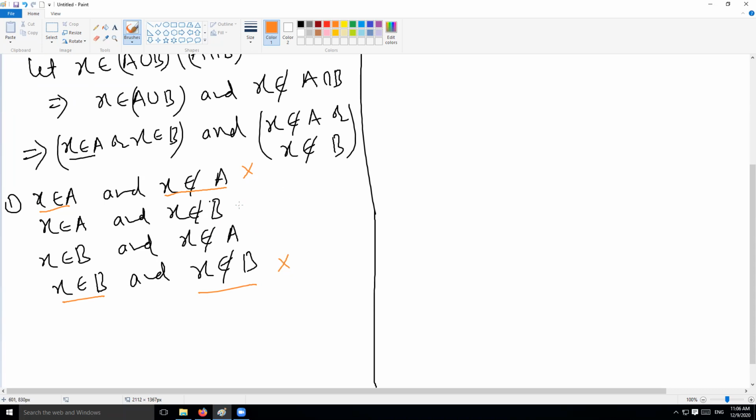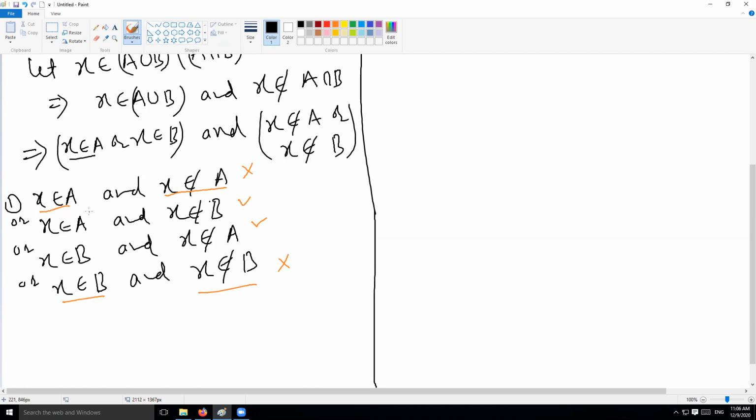So the only possibilities that you can have are the middle two. By the way, when I'm saying that there are four cases, these are like OR statements. Either this can happen or this can happen or this can happen or this can happen.